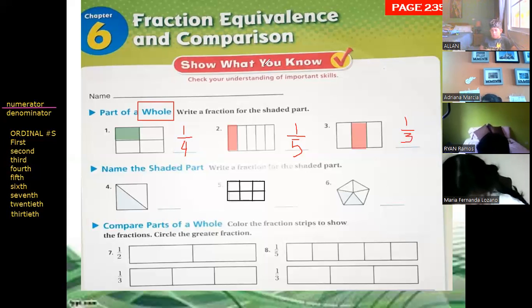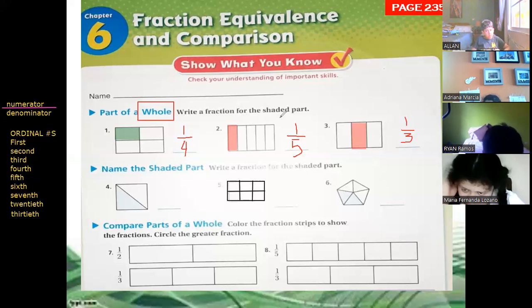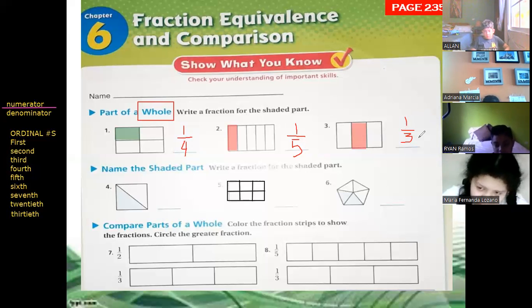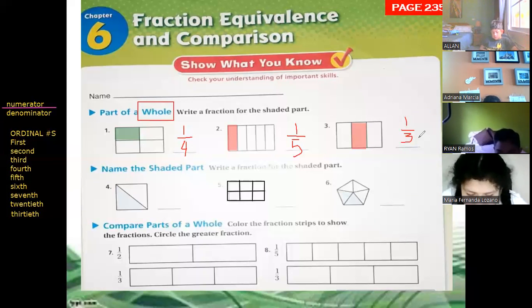Okay, don't say 1 and 3. It's 1/3. So how do we read these fractions? 1/4, 1/5, 1/3. Not 1 and 4, 1 and 5. No, 1/4, 1/5, 1/3. Okay.